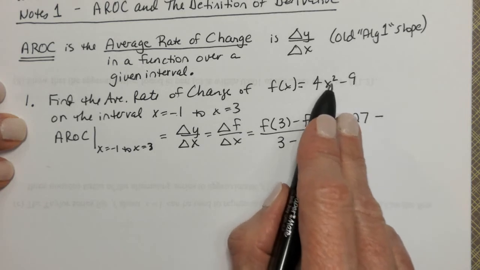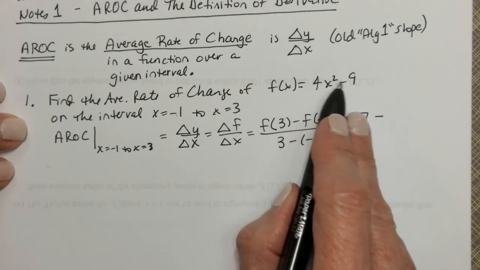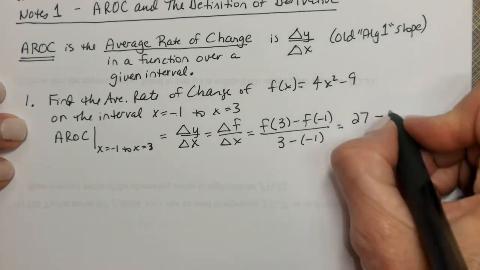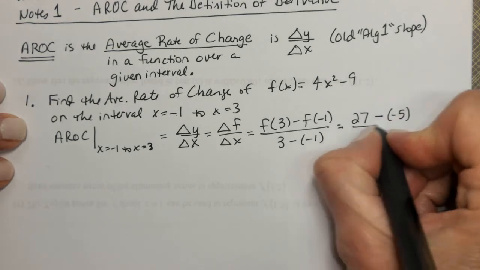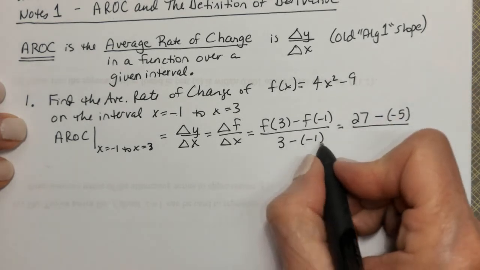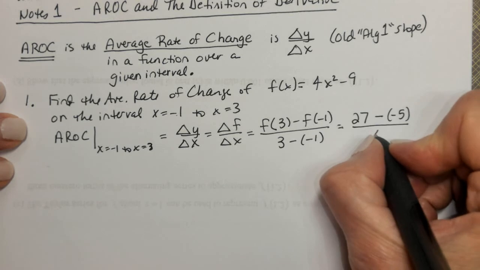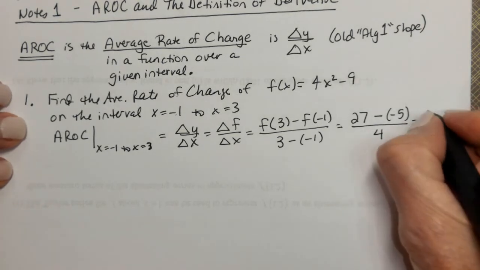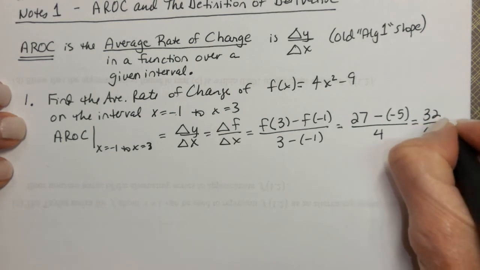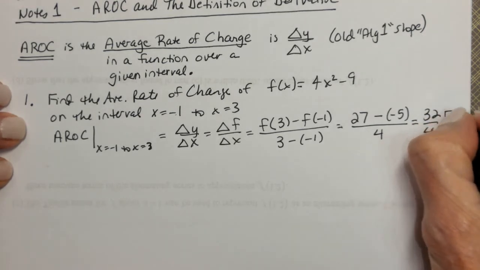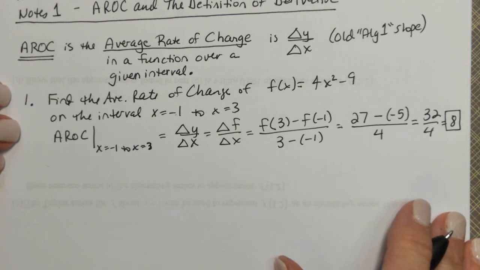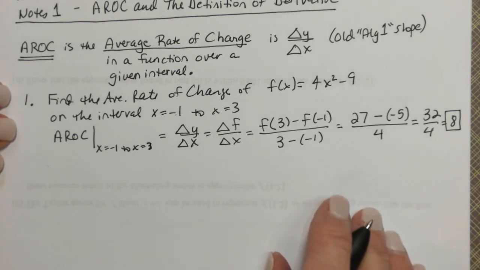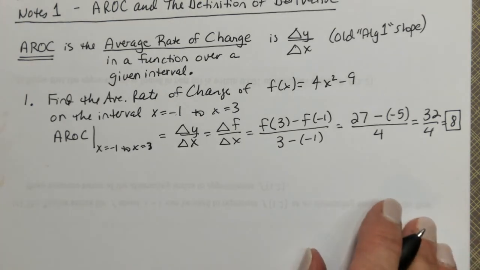Negative 1 squared is 1, 4 times 1 is 4, minus 9 is a negative 5, all over 3 minus a negative 1, that's 3 plus 1, which is 4. 27 plus 5 is 32, 32 over 4 is 8. The average rate of change, the slope between those 2 points, is 8.